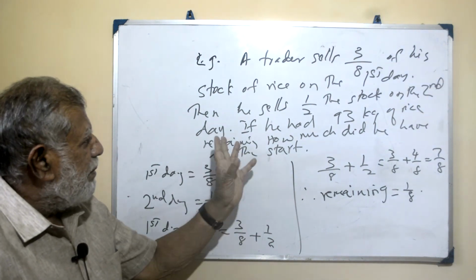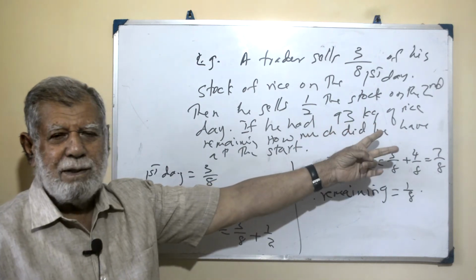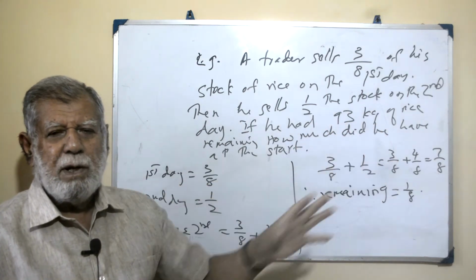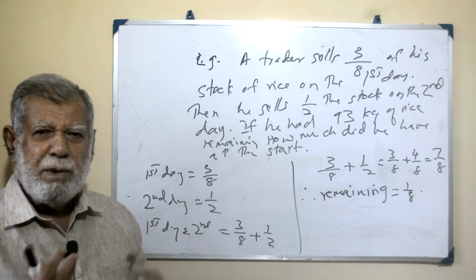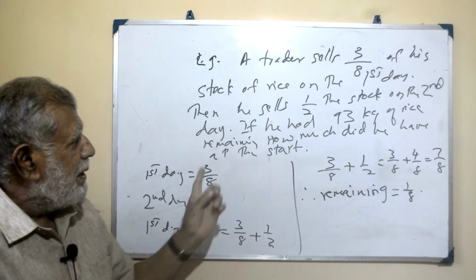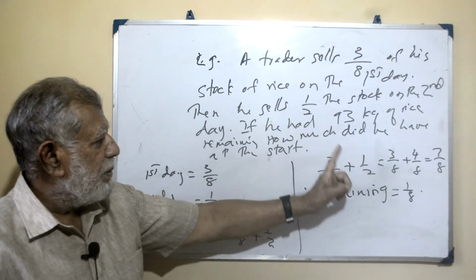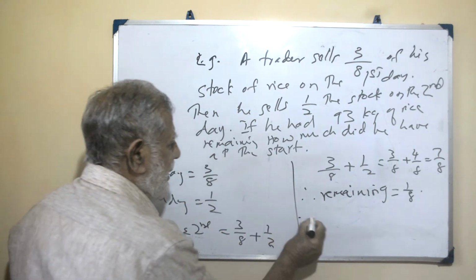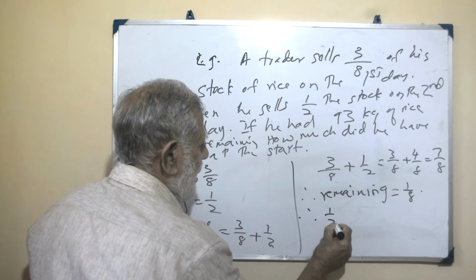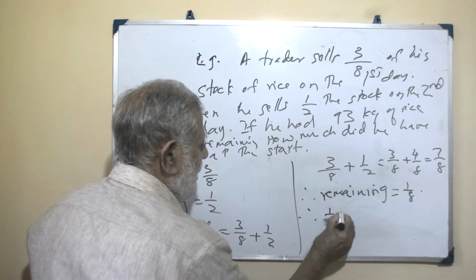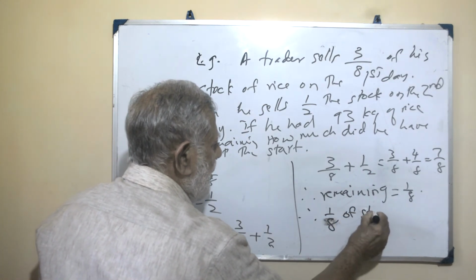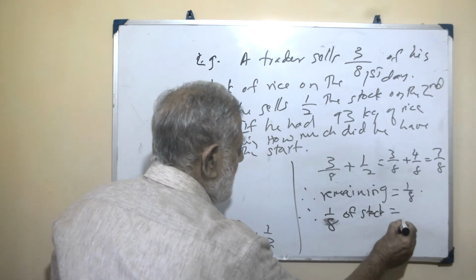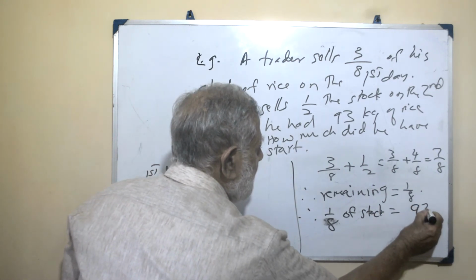But he has 93 kilograms of rice remaining. So we have to find how much stock of rice he had at the beginning. So we have to equate 93 kilograms to this fraction 1/8. Therefore we write down 1/8 of stock equals 93 kilograms.